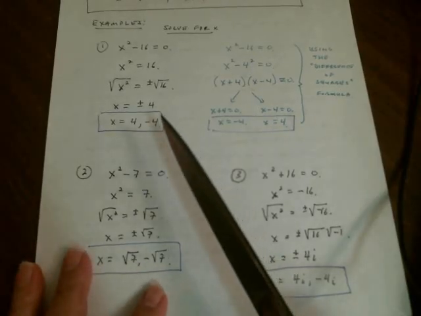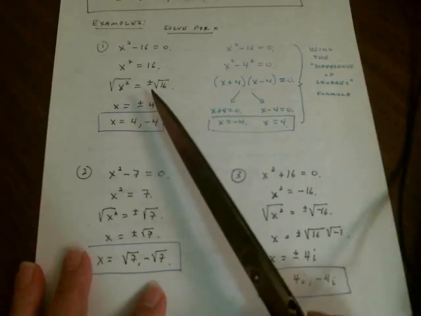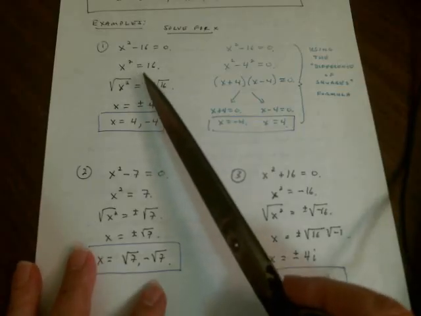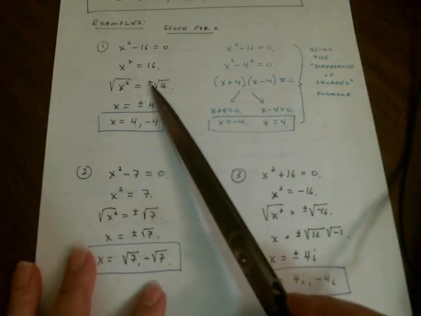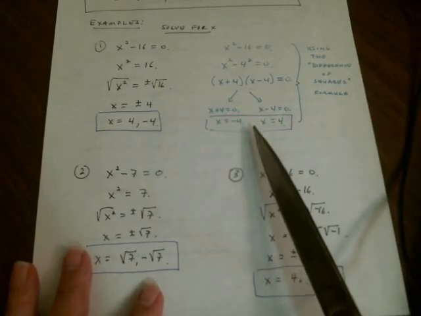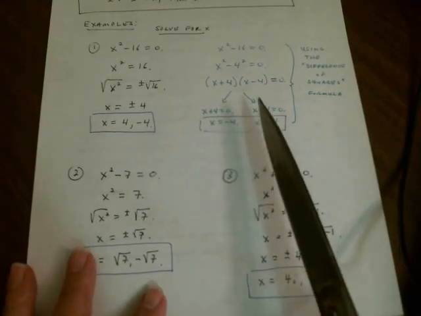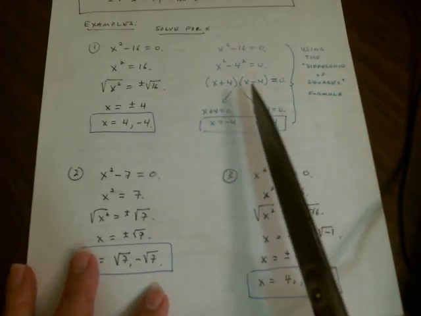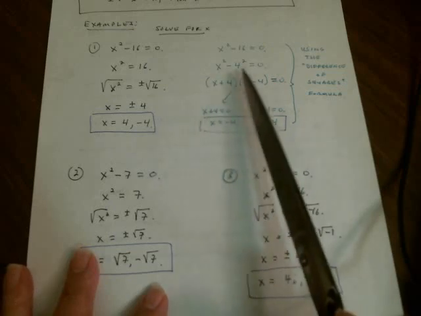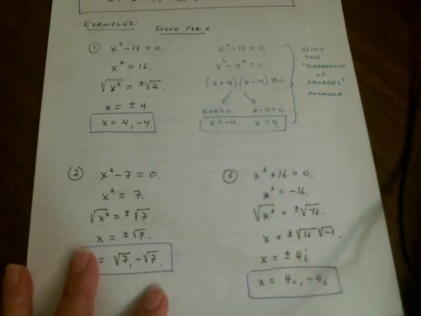Now, what really bothers me, or has bothered me, is why you get this plus minus showing up out of nowhere like this. Well, I tried to give a rationale for why that would be the case. In green here on the right, I've done the same problem by the method of factoring. It's the difference of squares: x squared minus 4 squared equals 0.